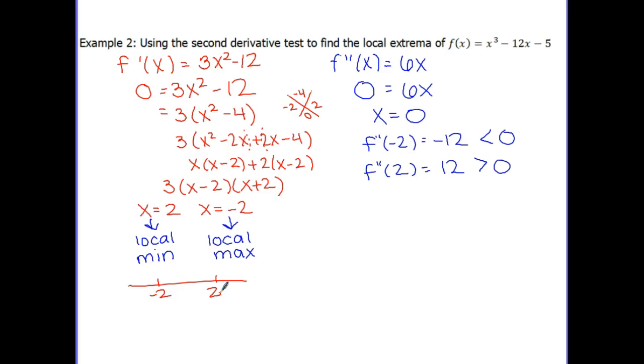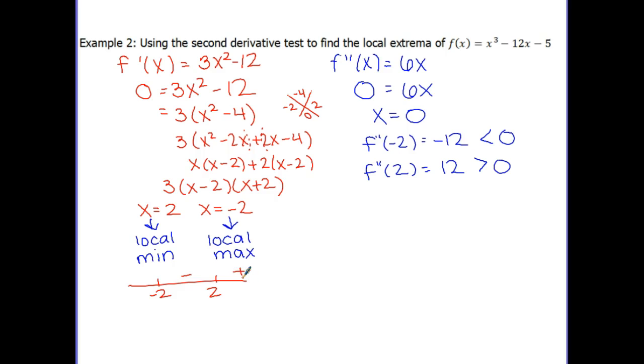If you plugged in 0, then we get a negative. If you plug in something positive like 4 or 3, 3 minus 2 is positive, positive, positive.